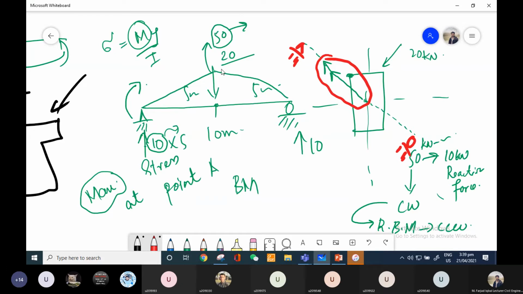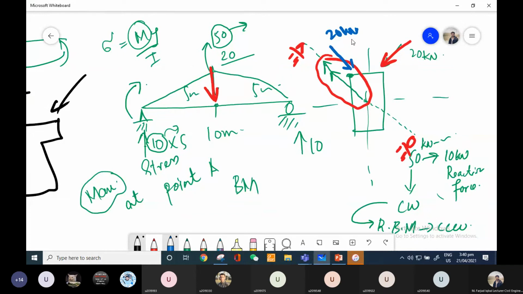I know that this load of 20 kilonewton is acting perpendicular to this beam. This is the left side, this is the right side. Now, let's suppose the load was acting something like this one, this longitudinal section would remain the same.